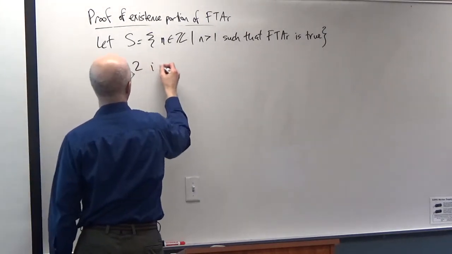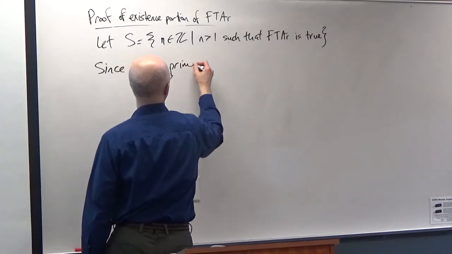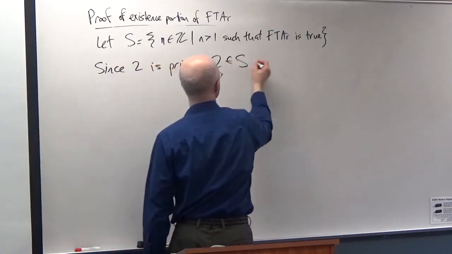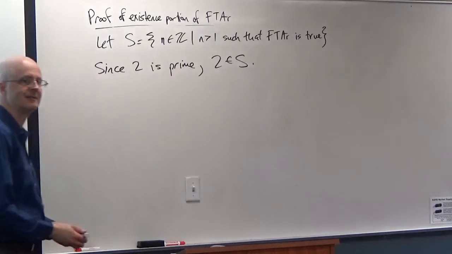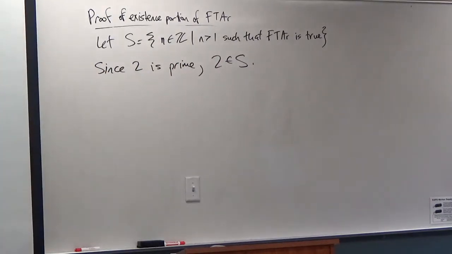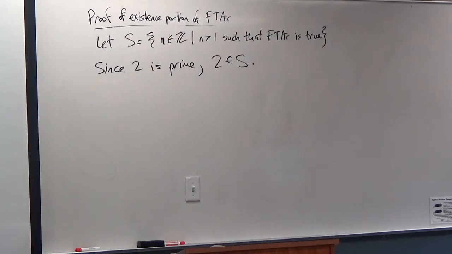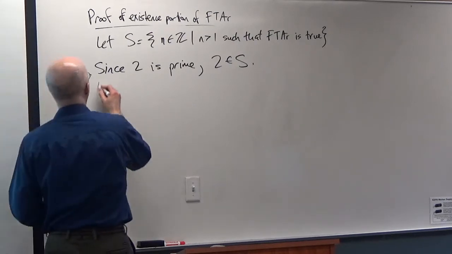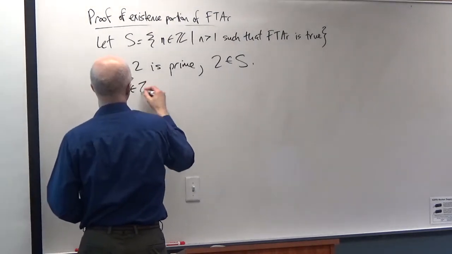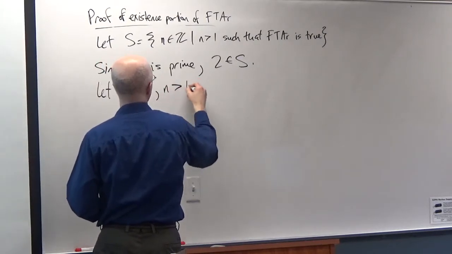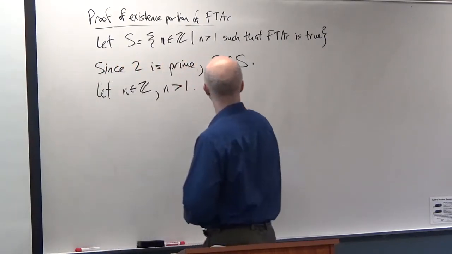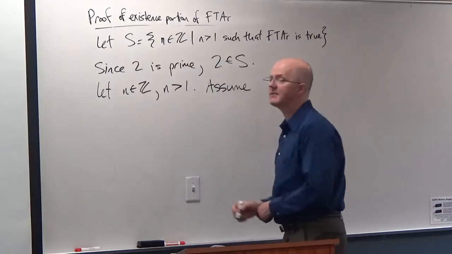Since 2 is prime, 2 is in S. It's a prime or a product of primes. It is prime. Now let n be an integer greater than 1 and assume this is the inductive hypothesis.